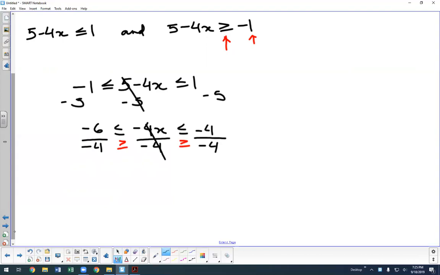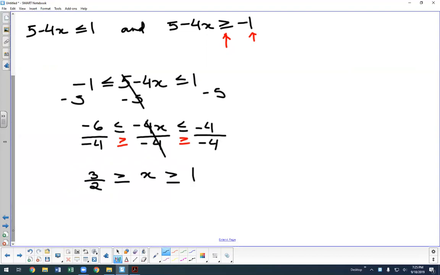On the inequalities again, I will have positive 3/2 greater than or equal to x greater than or equal to 1. Just putting it in the order facing the other way, you will have 1 less than or equal to x less than or equal to 3/2. That will of course be between 1 and 1.5.